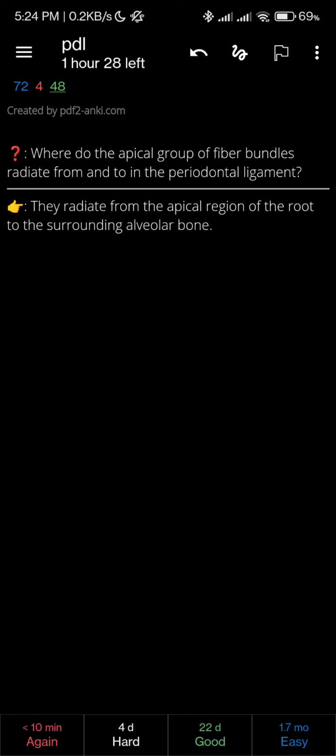They radiate from the apical region of the root to the surrounding alveolar bone.